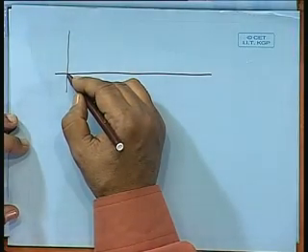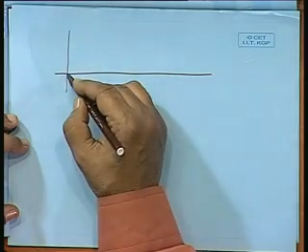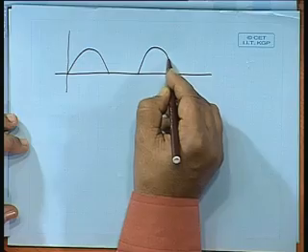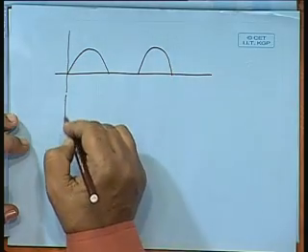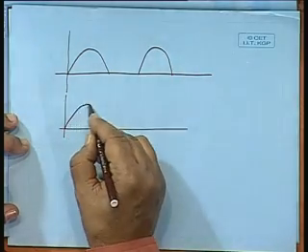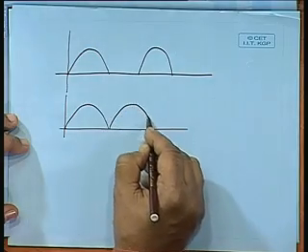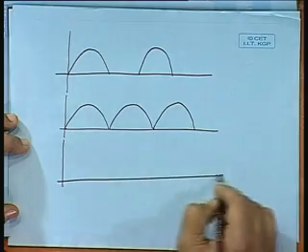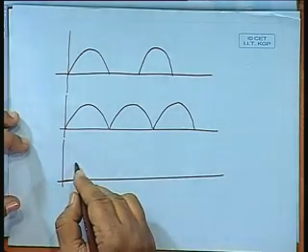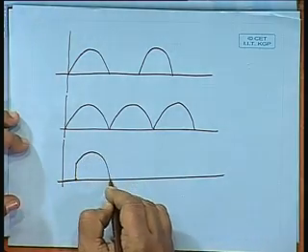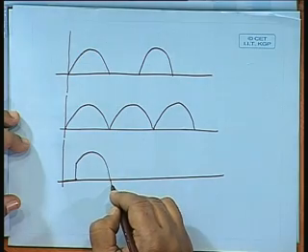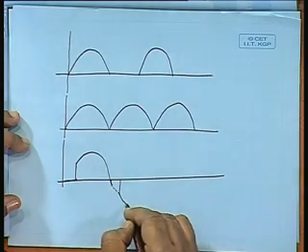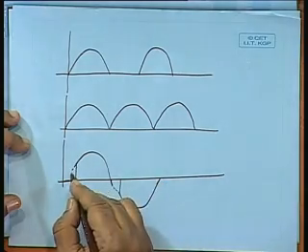Now, some of the interesting periodic functions other than sinusoids that we come across in practical systems are the half wave rectified sine wave, then the full wave rectified sine wave, and also gate fired pulses.